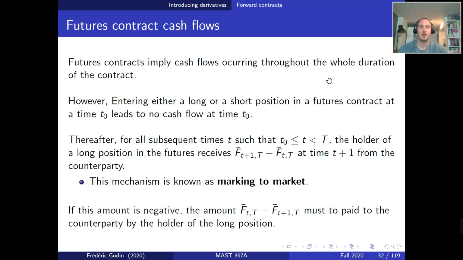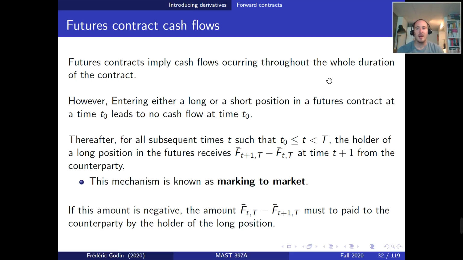Okay, so as we mentioned earlier, futures contracts involve a continuous, well, not continuous, but periodic exchange of cash flows. In practice, it's daily. So daily exchange of cash flows until the maturity of the contract.